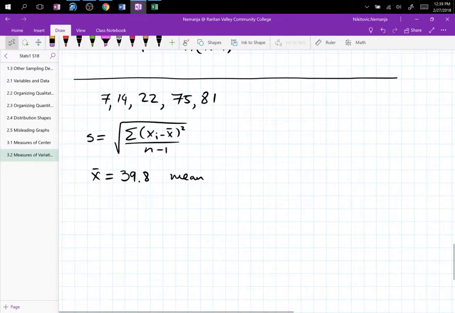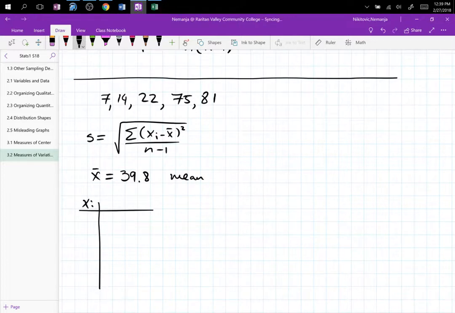And I set up my chart real quick. So xi is listed 7, 14, 22, 75, 81. And now xi minus 39.8, that's minus the mean.